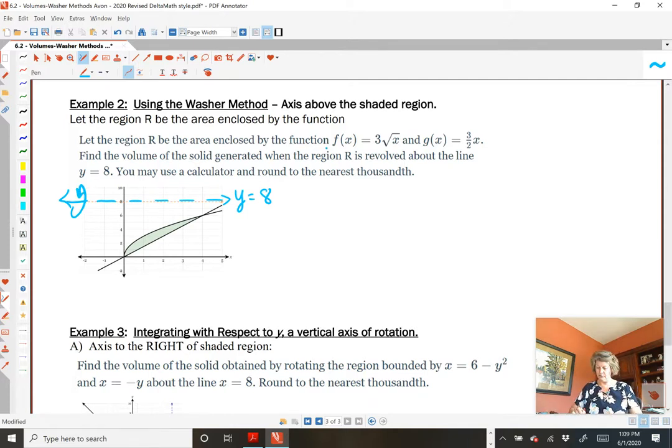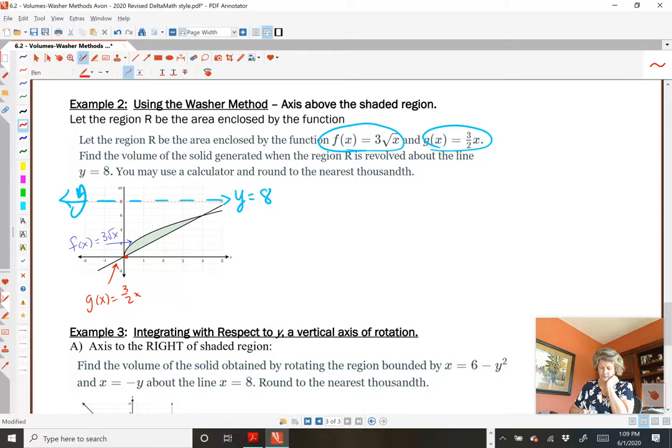And what are our functions? We got a square root function and a linear function. Those should be pretty easy to identify. Square root function is f of x equals 3 square root x, and my linear function is g of x equals 3/2 x.